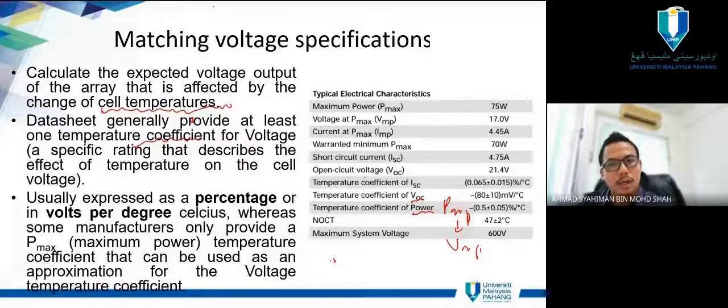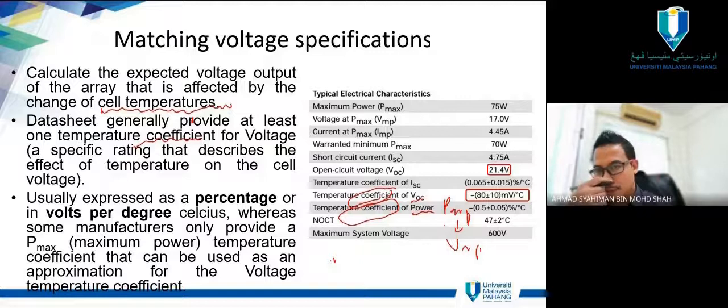So in order to calculate the expected voltage, sebelum ni kita tak usik sangat. Kali ni kita akan terus menerus. We are going to touch on the temperature coefficient, power and the voltage. We are going to play with that. This time we are going to focus on that. So dia cerita pasal temperature coefficient. The output voltage we will use, for example, is VOC.